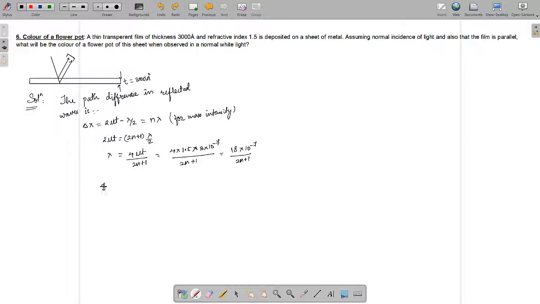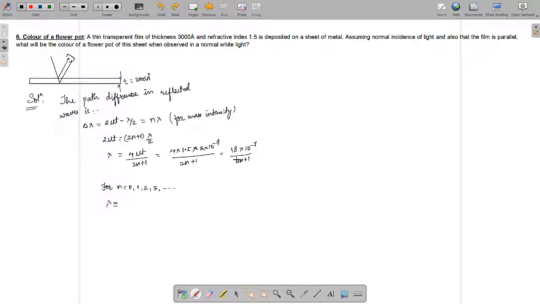So we'll say for n equal to 0, 1, 2, 3, and so on, we can start with 0 as well, we get the values of lambda as follows.